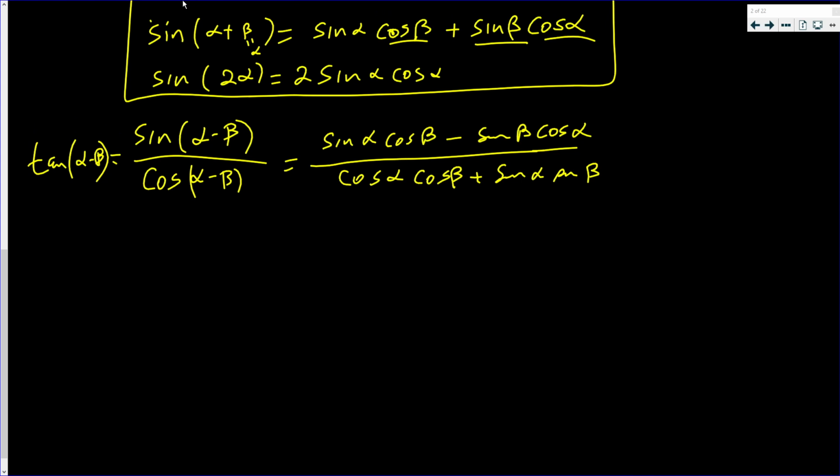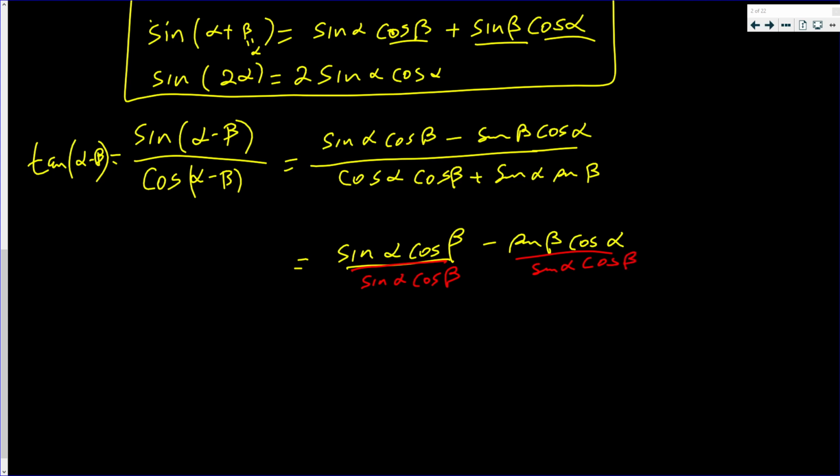If you don't like that one because it doesn't have sines and cosines, what you can do, and I'm hoping that I present this correctly, if you divide the numerator by sine alpha cosine beta, maybe that's not the best thing to divide by.